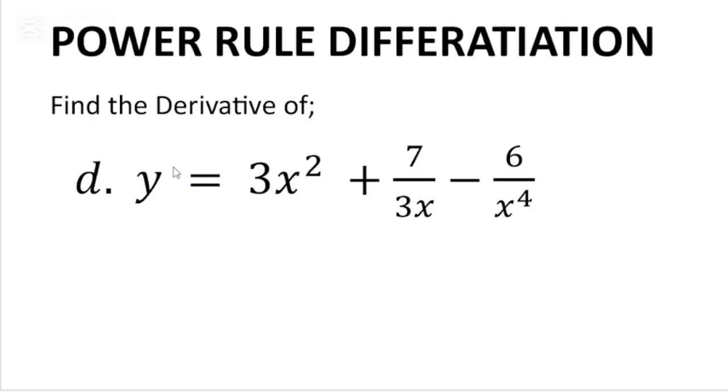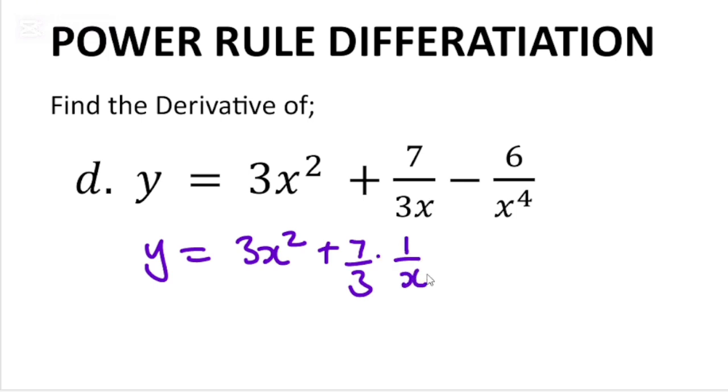Here's the next example. Please feel free to pause the video, work it out, compare your answers with the answer that we are going to find together. So this function can be written as y is equal to 3x squared plus 7 over 3 times 1 over x, minus 6 times 1 over x to the 4th power.